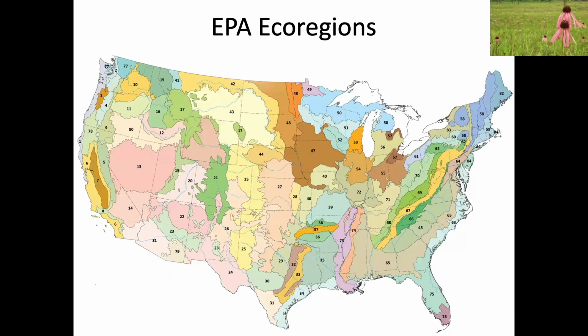The ecoregion is a convenient way to group things together based on similarity, this time combining ecosystems as part of the classification.